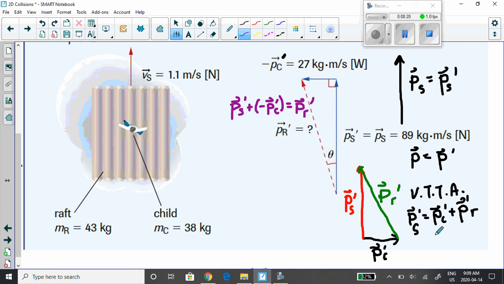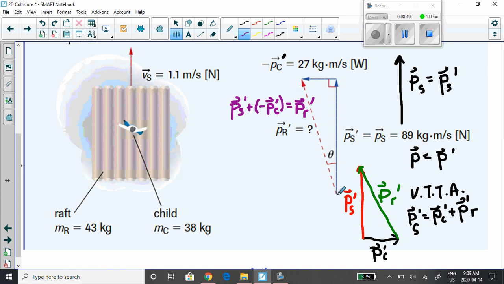So all they've done is take the momentum of the child as the child is walking and bring it over to the other side. That's all they've done to draw this diagram. If you add the negative of the vector, it's the same as subtracting it.